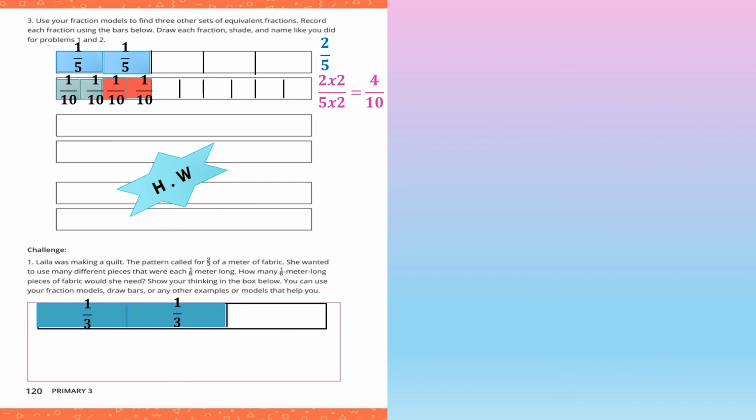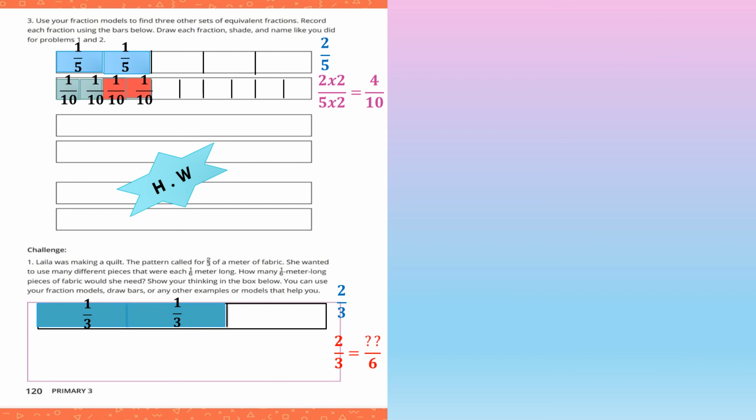I want to know how many sixths are in 2/3. 2 over 3 equals what over 6? Here the denominator is 3 and became 6. So 3 times what equals 6? 3 times 2.